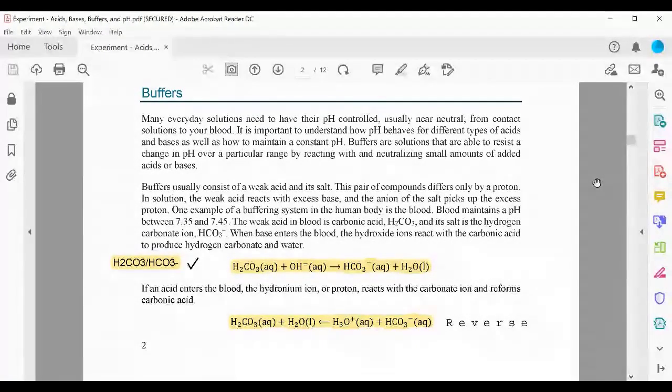That is the concept you need to understand in order to solve all the problems that you will see in lectures. Here in the lab, all you have to see is not much. It's about recognizing that buffers are solutions that will resist a change in pH by neutralizing the acid or the base that you add.